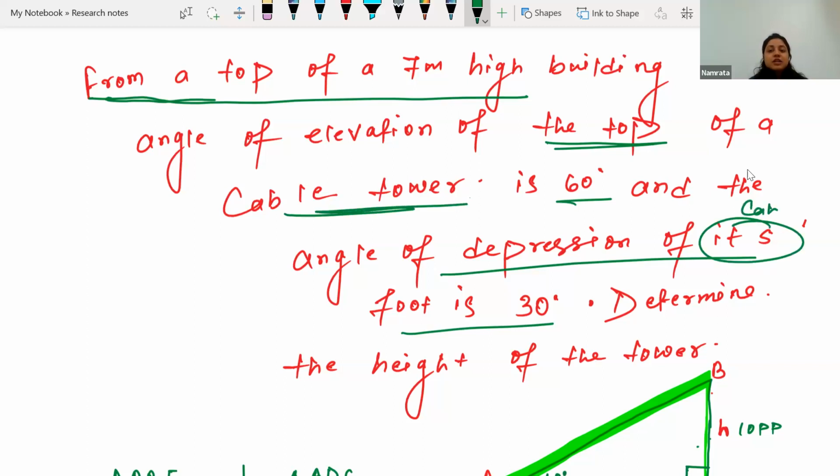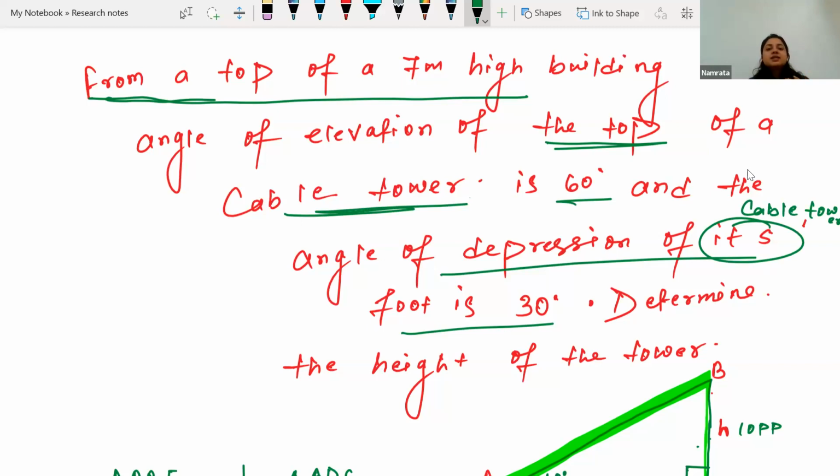If it were written cable tower here, it would make more sense, but since it's written 'its', we go just before that and see which cable tower or building is mentioned.